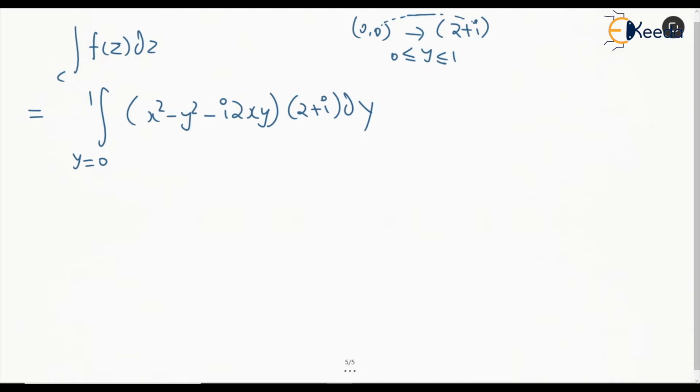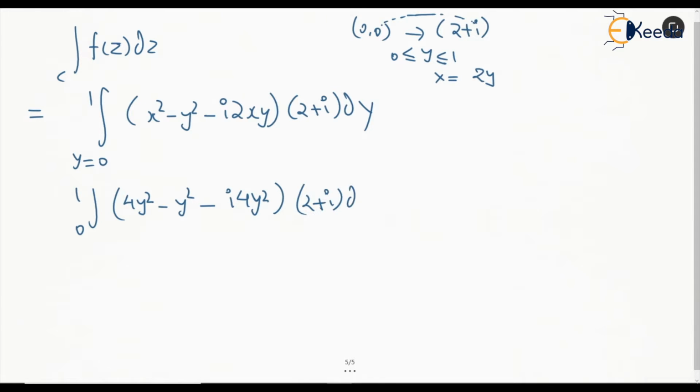And also we know that y is equal to x by 2, so x is equal to 2y. So we'll substitute all the x, and this will become the integral from 0 to 1 of x square, which is 4y square now, minus y square, and minus, instead of x we'll write 2y, so minus 4y square, into 2 plus i dy.